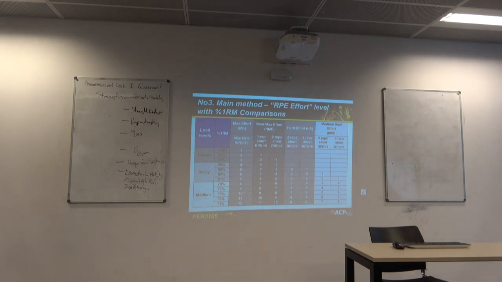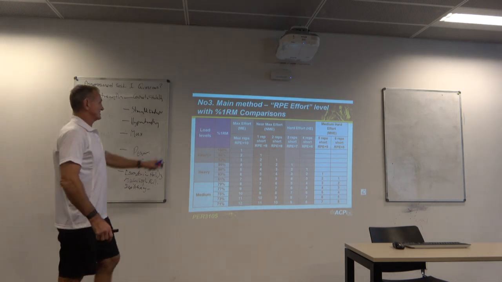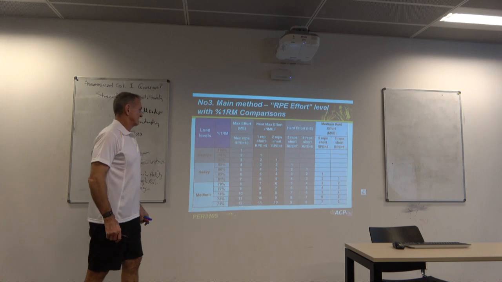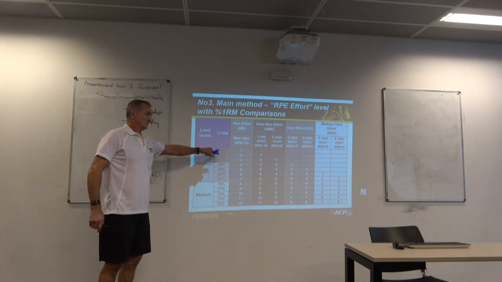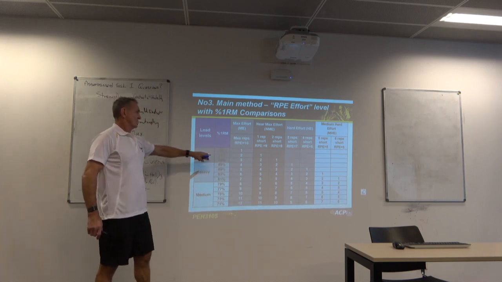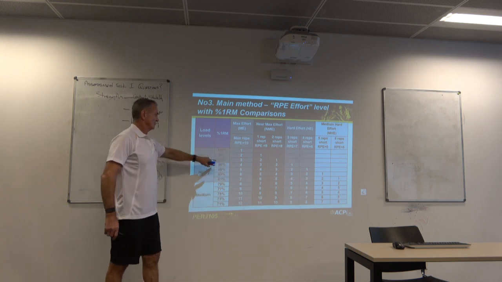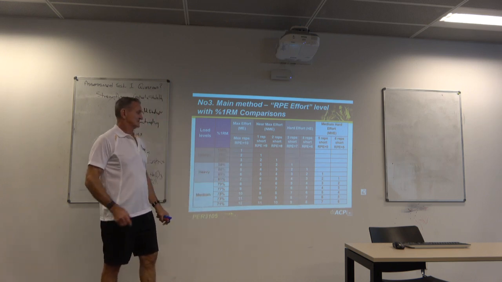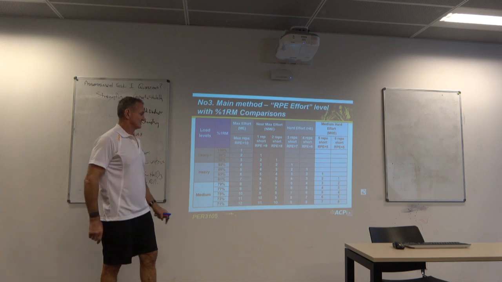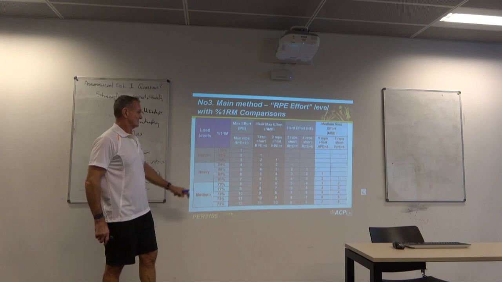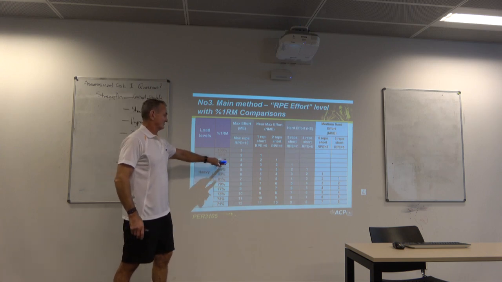So main method, RP method, or with 1% comparisons. So again, 100%, 1 rep. 95%, 2 reps. 92, about 3 reps. So I'll use Abby as a reference. We just got off the phone. What's she doing? We've got the Nationals coming up in 2 weeks. So she'll be doing probably threes.